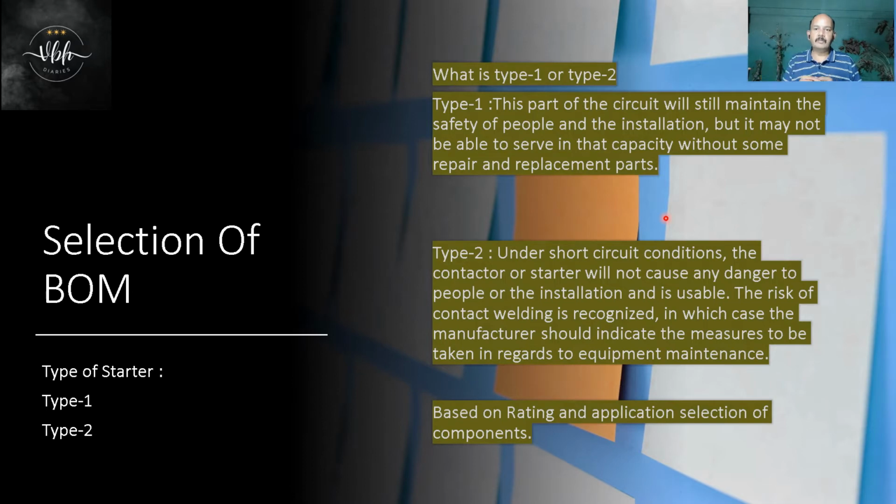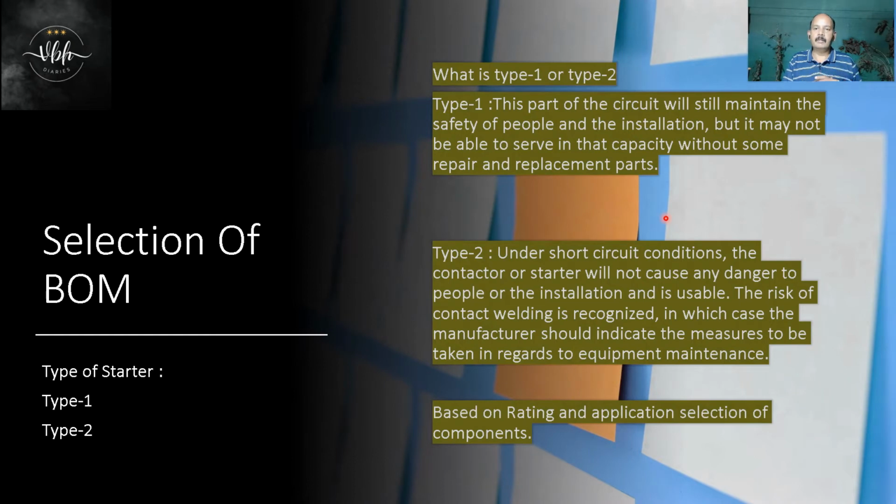Type 2 coordination is not like that. Here also if any short circuit happens, of course damages will be there and we can replace small components, but the majority of the components will not go, so we can continue by replacing the minor things, and the second operation also we are able to achieve through the same setup.